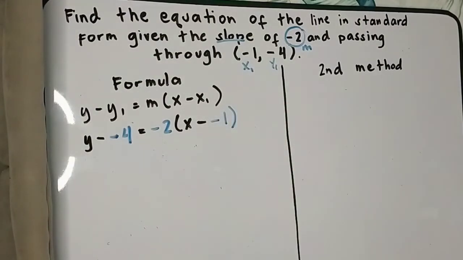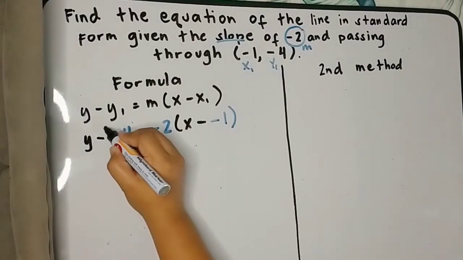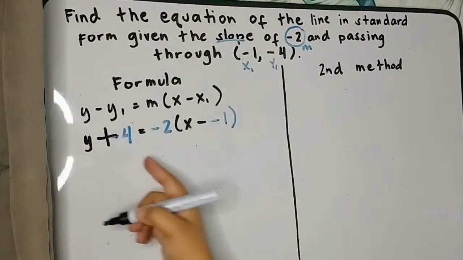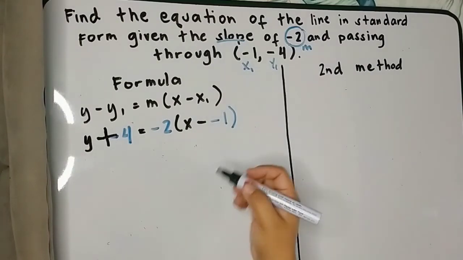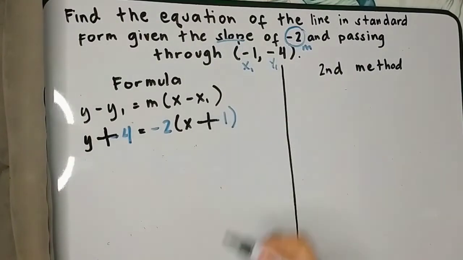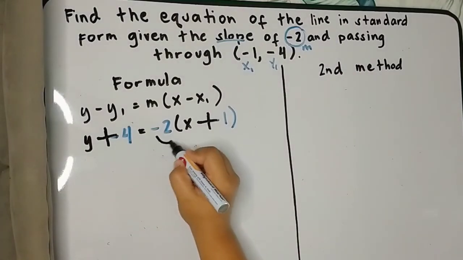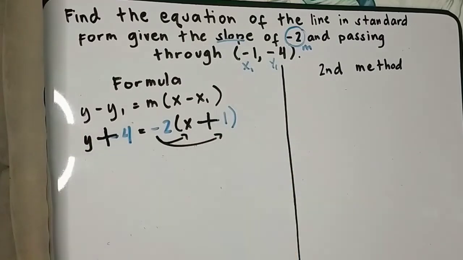So, change muna natin yung signs kasi diba, both negative. So, it will become y plus 4. Then, x minus negative 1. So, magiging x plus 1. So, multiply. Distribute muna natin. So, negative 2 times x and negative 2 times 1.